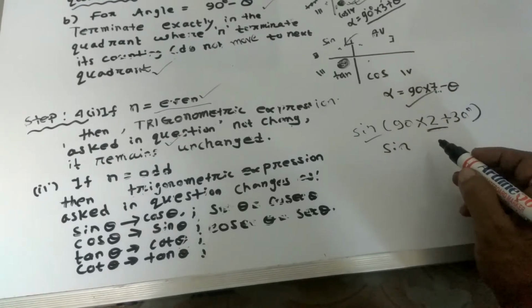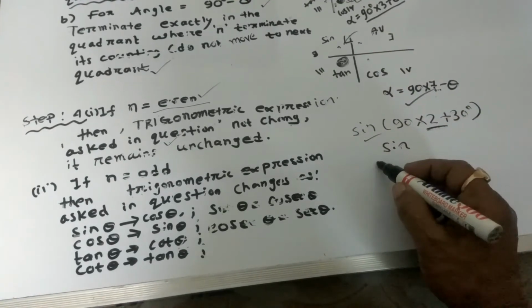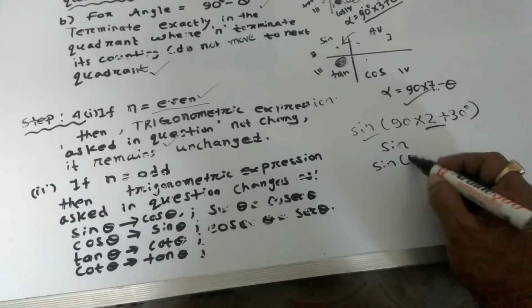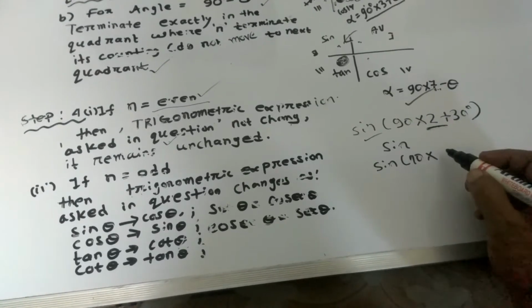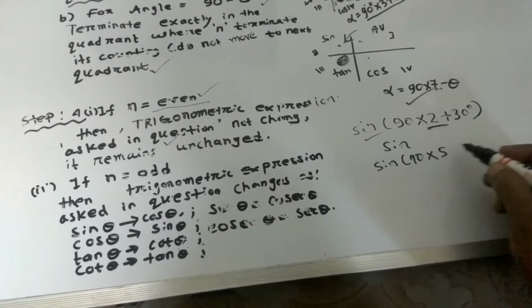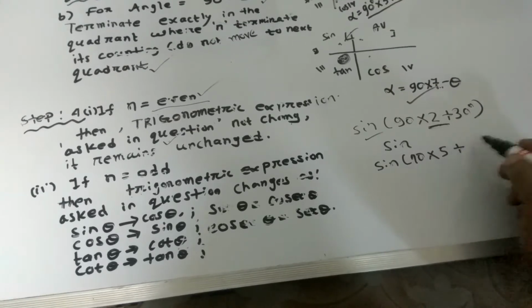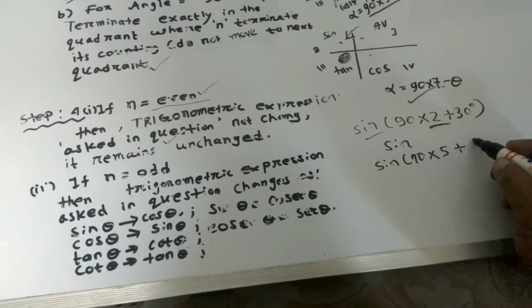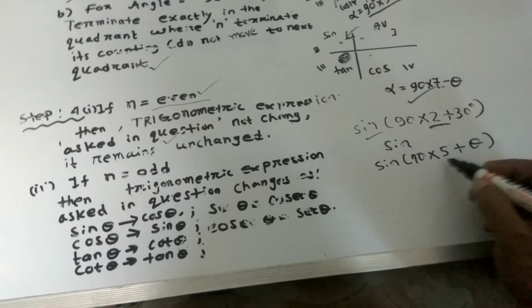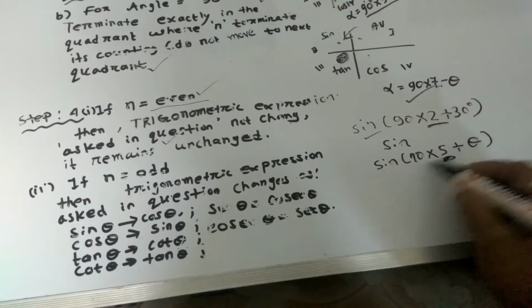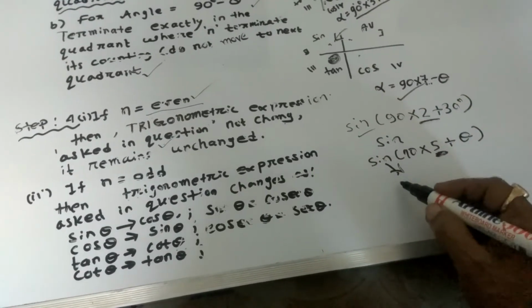Whatever it be, if there is an even number as the multiple of n, you must not change the trigonometric expression. If it is 5, odd, then sine becomes cos. In the second rule, on the left hand side it is odd, so sine becomes cos.